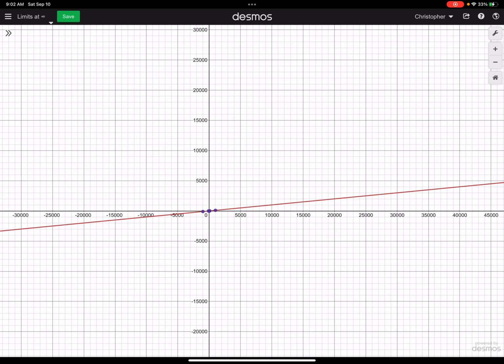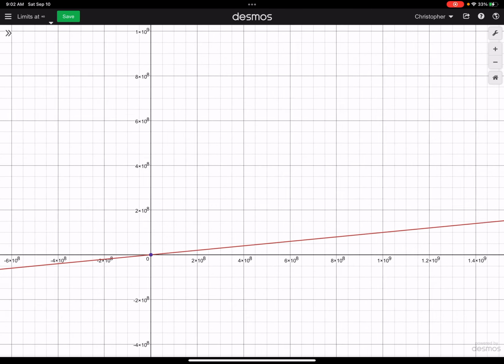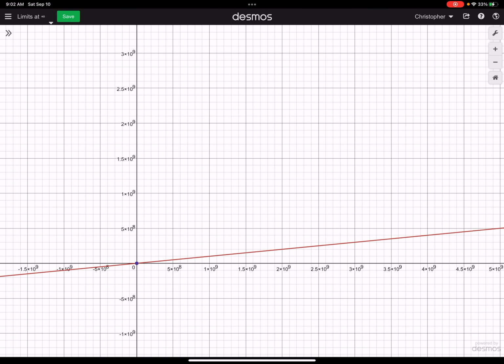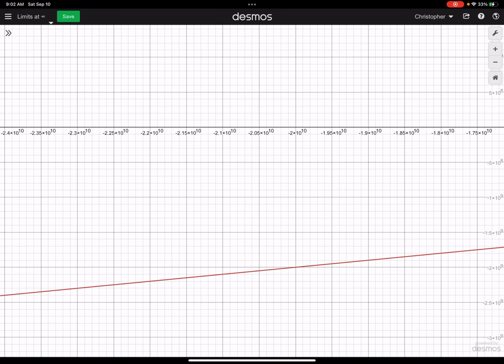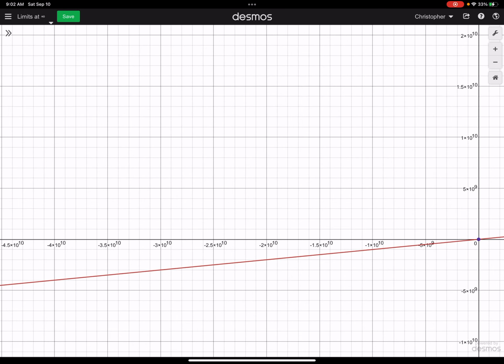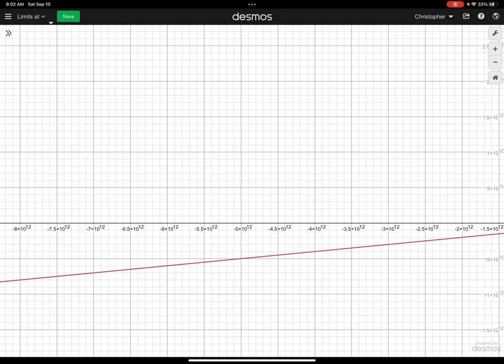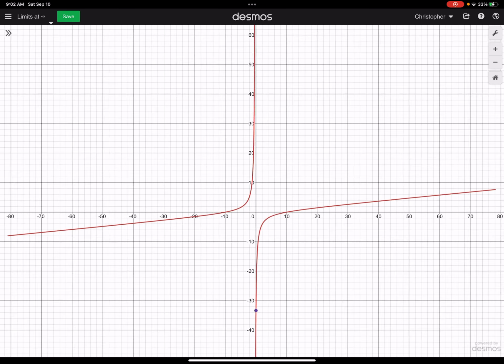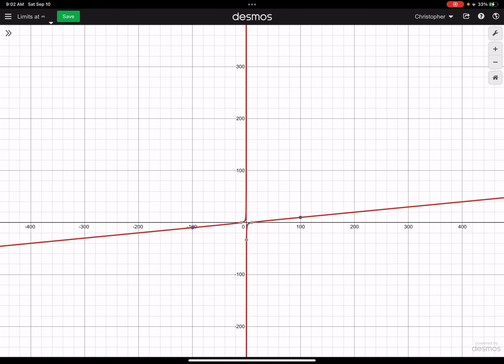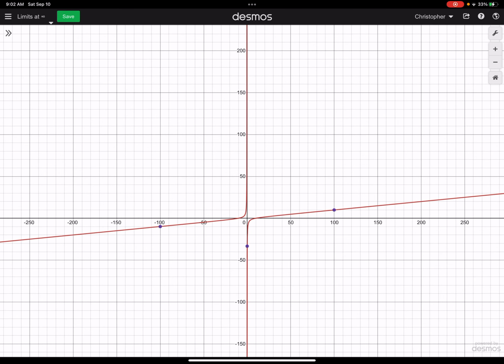If we zoom out a ton, you can see that the graph is growing slowly, but it's steadily growing. And as x goes to the left towards negative infinity, our values get smaller and smaller, but they tend towards negative infinity. But is there a way to accurately describe the behavior for the function? So let's find out.